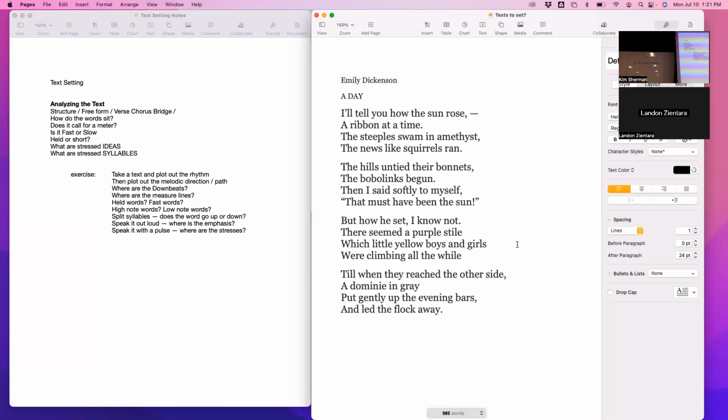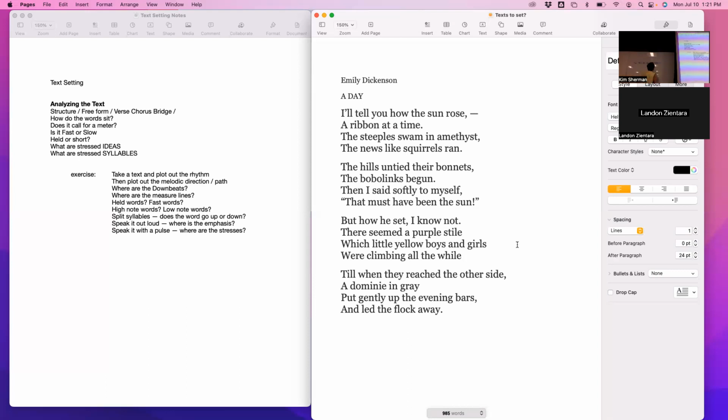The most important words to remember from the text are tell and sun. My instinct is sun. I'll tell you how the sun rose. The whole poem is all about this, so it's used to narrate that.